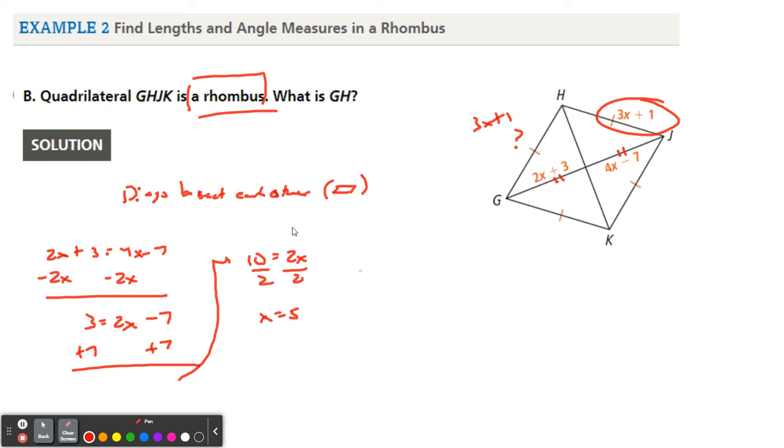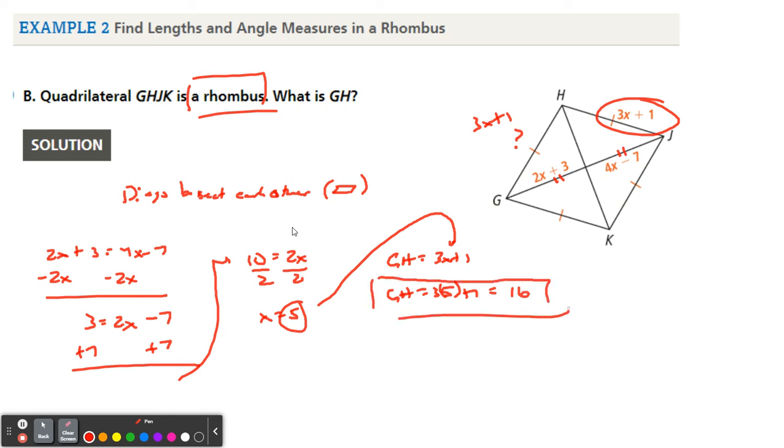Because it has four congruent sides, I know that GH is also equal to 3x plus 1. Let's plug in 5 for x. GH equals 3 times 5 plus 1. 3 times 5 is 15, plus 1 is 16. GH is 16.